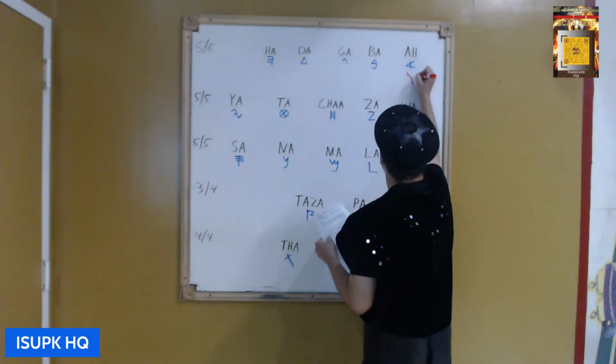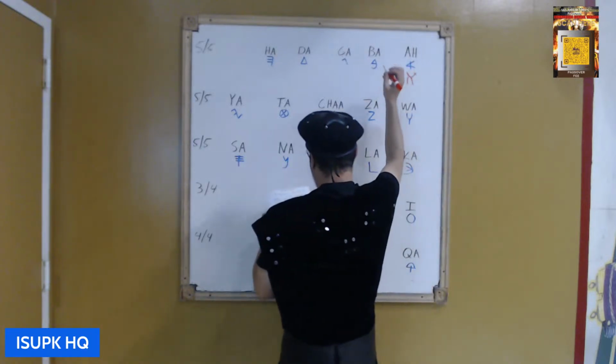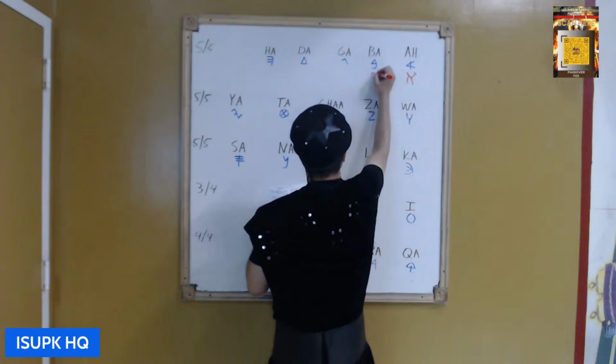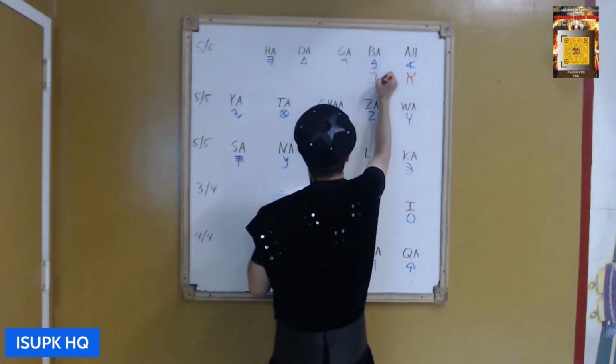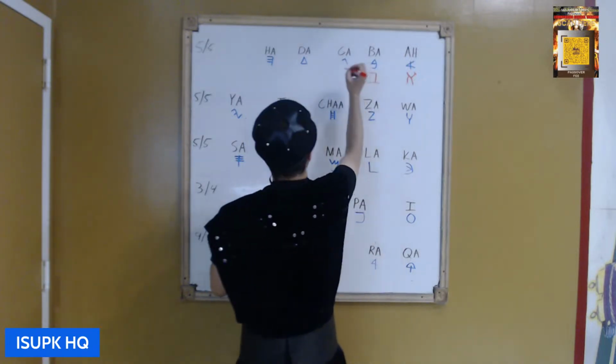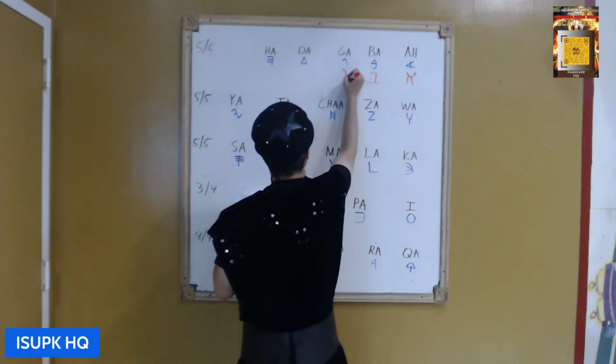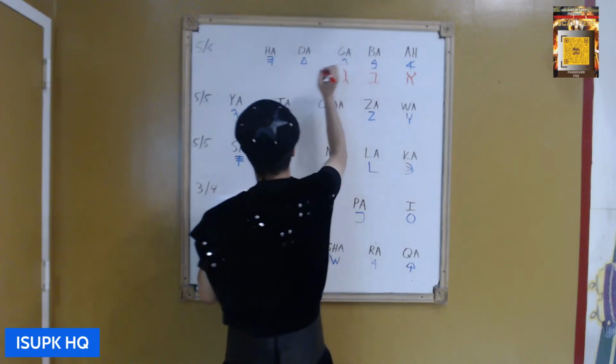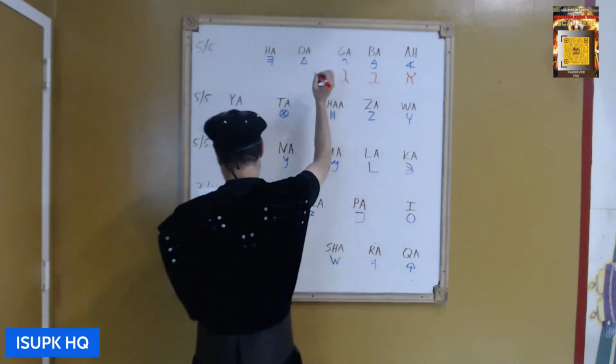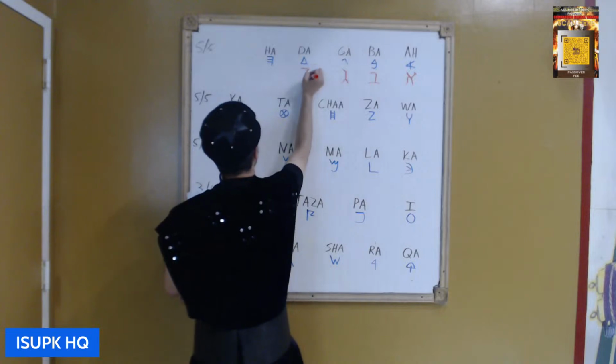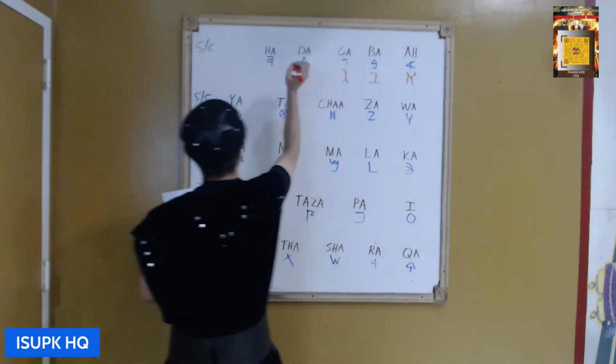So we have the ah, and you have the ba, and you have the ga, then you have the da, and then you have the ha.